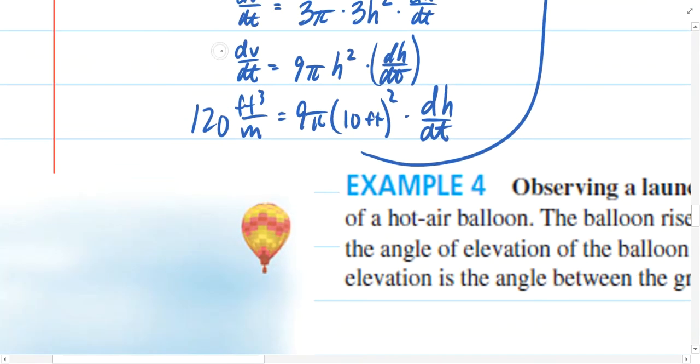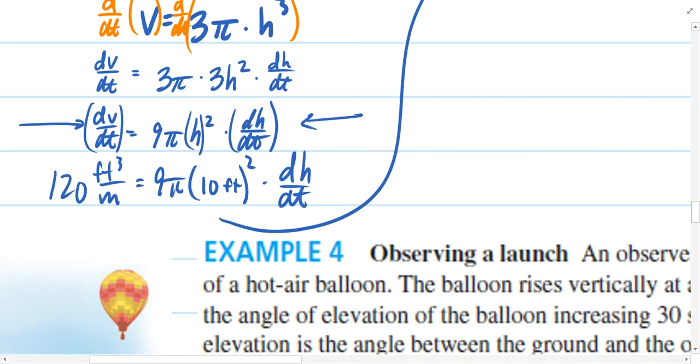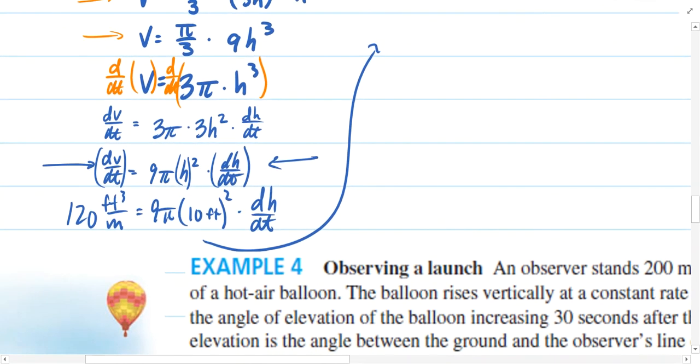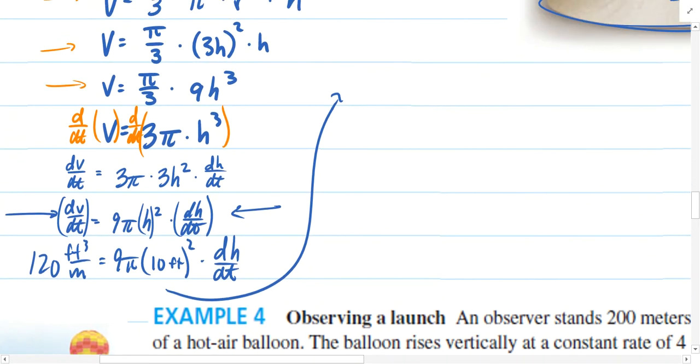So by establishing our derivative rule formula for this example, and substituting the known quantities for dV/dt and for h, we now have an expression that we can actually solve for dh/dt. So I've run out of room, and I'll report this up here. I'll give myself some extra space this time because of the fraction.